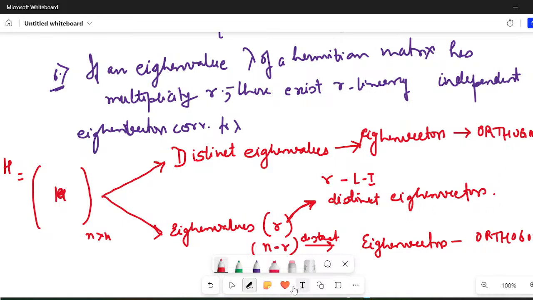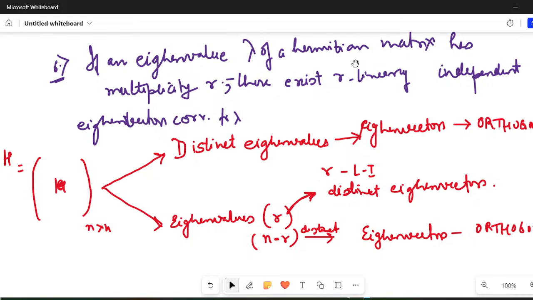Okay, now in general, till now I'm writing that there are linearly independent eigenvectors.